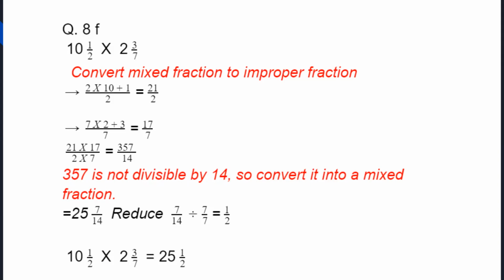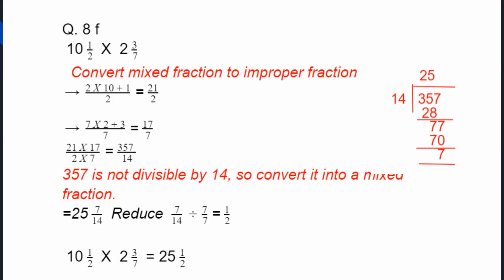357 is not divisible by 14. So convert it into mixed fraction. Divide 357 by 14 and we will convert it into mixed fraction, and our mixed fraction after division is 25 7 upon 14. Now the integral part is 25 and the fraction part is 7 upon 14. 7 upon 14 is divisible by 7.